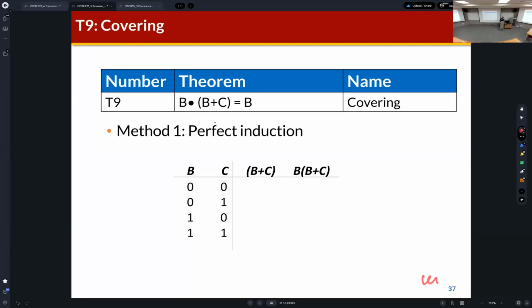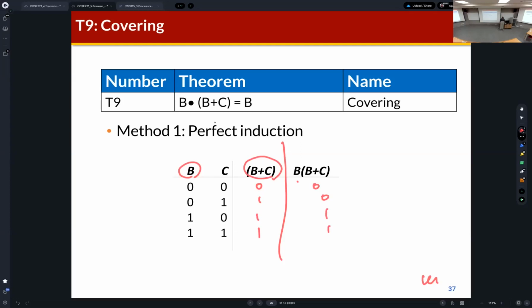What is B plus C? The B or C? It's 0, 1, 1, 1, right? Then we can apply the AND gate for B and B plus C. Then what is B and B plus C? It's 0, 0, 1, 1.